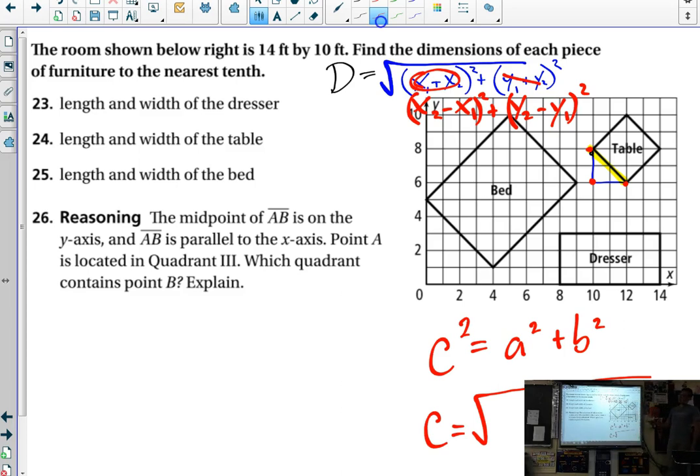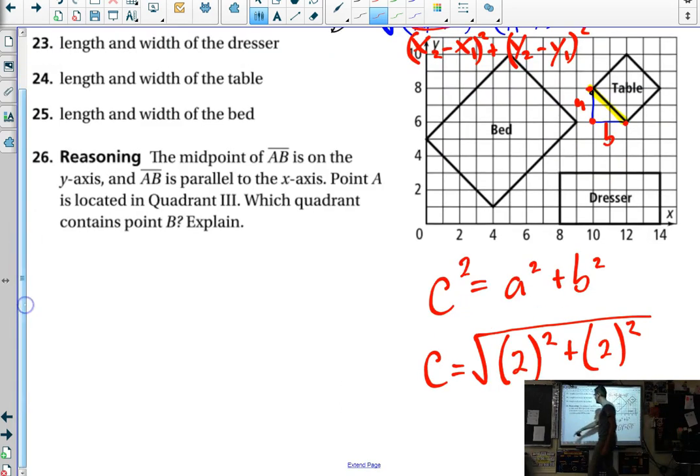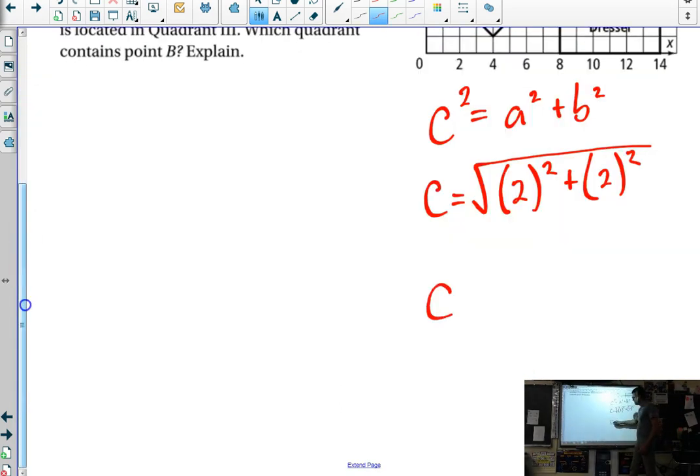So until you get comfortable with the distance formula and what you're doing, think about any diagonal distance as a right triangle. What's my A? What's my B? Well, here I have an isosceles, so I really just have 2 squared, 2 squared. So I'm going to get 4 and 4, so I'm really going to get that C is radical 8.